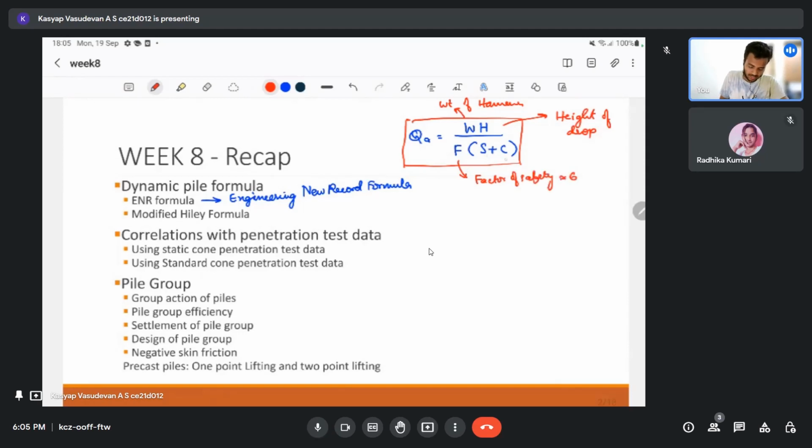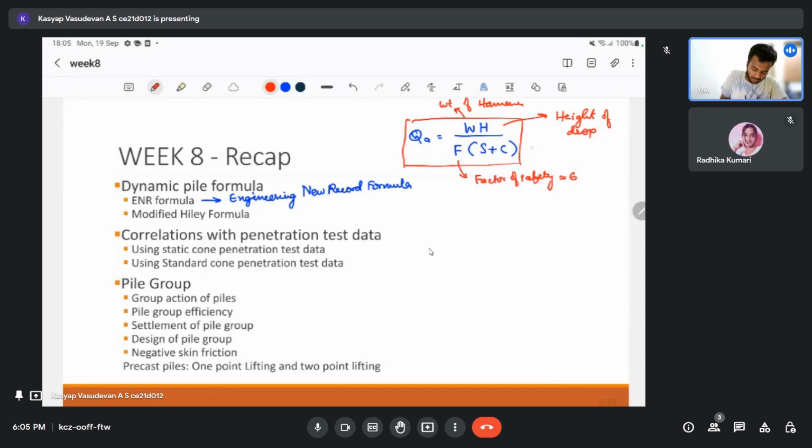S and C collectively show the settlement. The idea is that force into displacement is equal to the work done, so this is the displacement part.